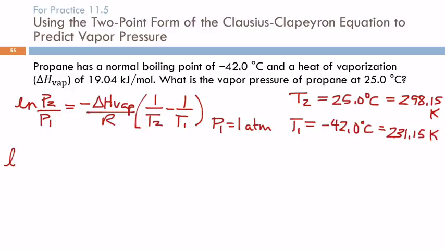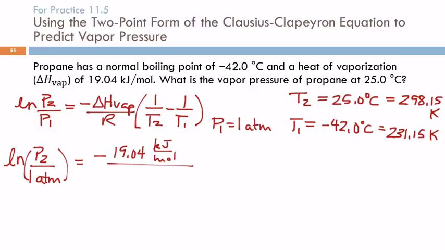So natural log of P2, that's what we're trying to find, over 1 atmosphere is equal to negative the heat of vaporization, so 19.04, kilojoules per mole, over 8.314 joules per mole Kelvin.